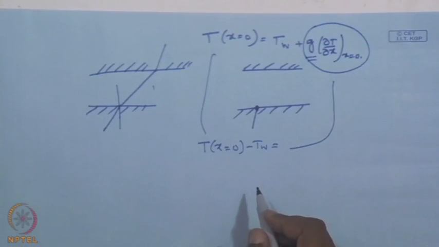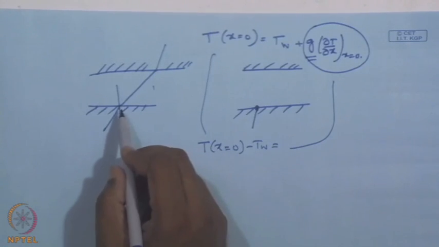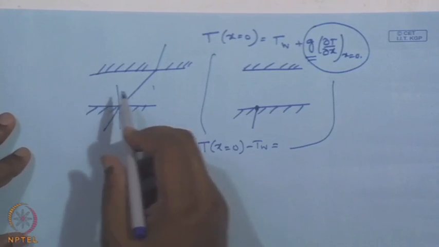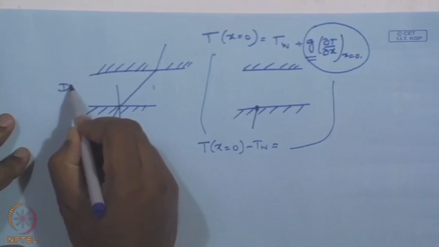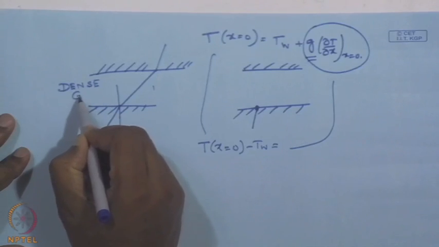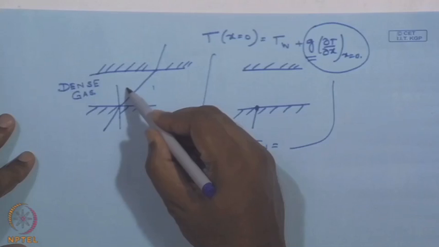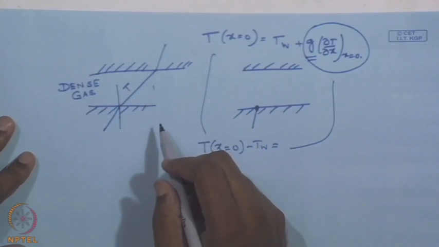So, what I have drawn here is a situation in which this is a dense gas, and we have the temperature gradient. So, this is the temperature profile.